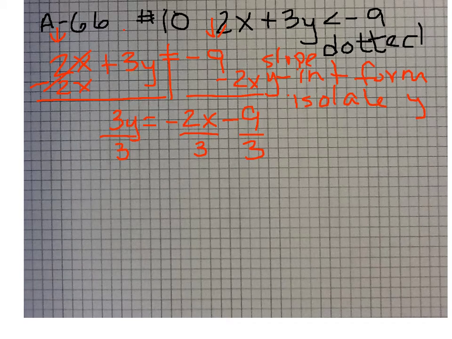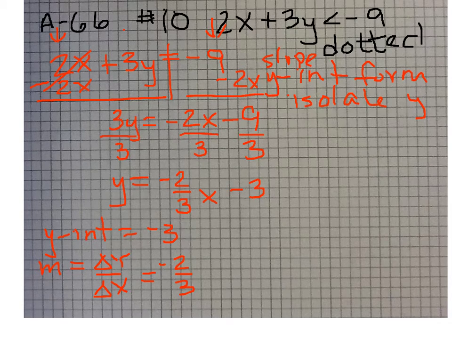So that's going to give me 1y, which I'll write as just y, is equal to negative 2/3 x, and 9 divided by 3, right? So that's a minus, and I end up with negative 3. Therefore, I know my y-intercept is equal to negative 3, and my slope, which is my change in y over my change in x, is equal to negative 2/3.